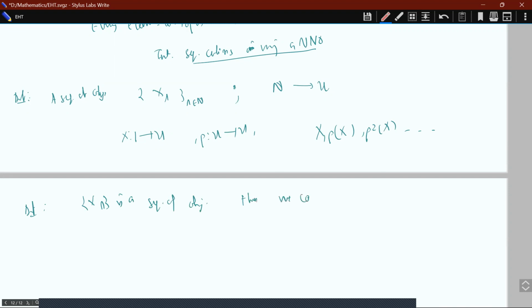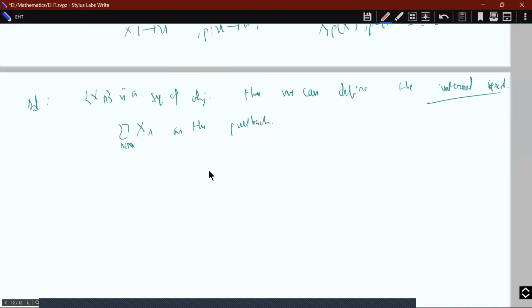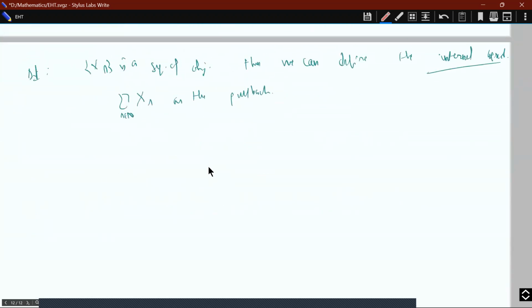Then we can define the internal coproduct as the pullback. There's a reason I'm saying internal, as you can see. Right, so it's the pullback.